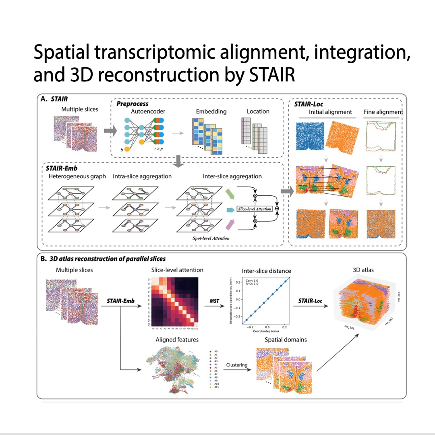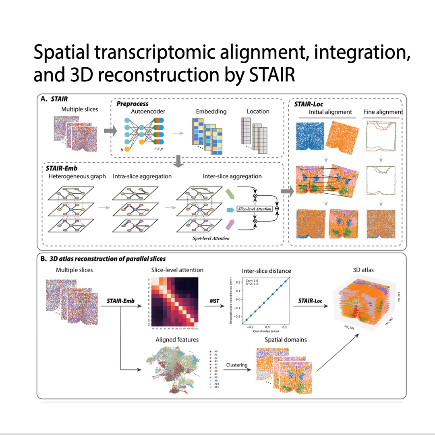So once those features are clean, the system gets organized using a heterogeneous graph attention network, or a GATE. Graph networks are great for defining relationships. Walk us through how this huge multi-slice graph is built. Okay, so you treat every single data point, every spot, across every single slice as a node in one gigantic network. Every single one. Every one.